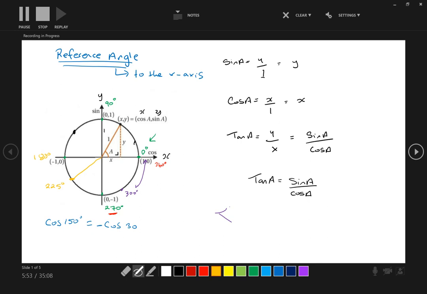So I know it's greater than 180 but less than 270. From here all the way around is 225 degrees. I know it's 180 degrees up until here, so 180 degrees to 225 degrees, my reference angle in here is 45 degrees. So I've got to look for the reference angle in each case.